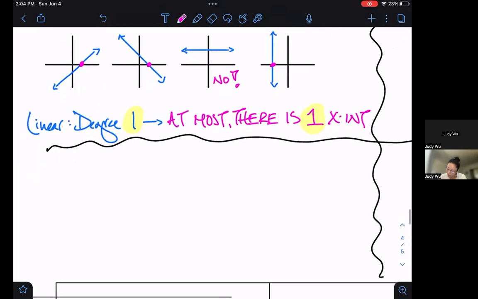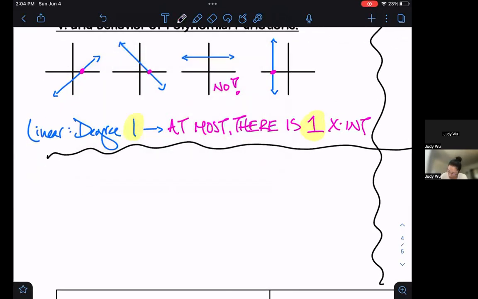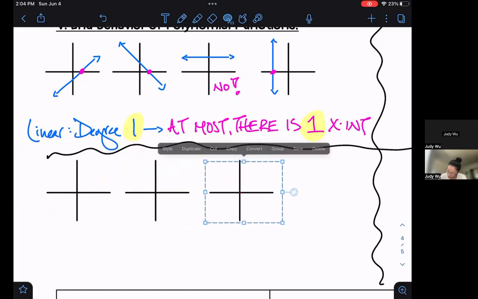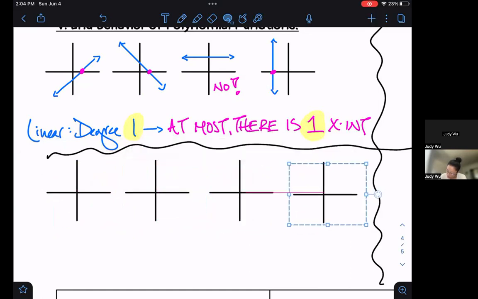And now I want to come below this. We're going to draw a few grids again. And what we're going to do this time is we're actually going to look at some degree 3 polynomials, okay? So same thing, let me set up a few grids. Okay.